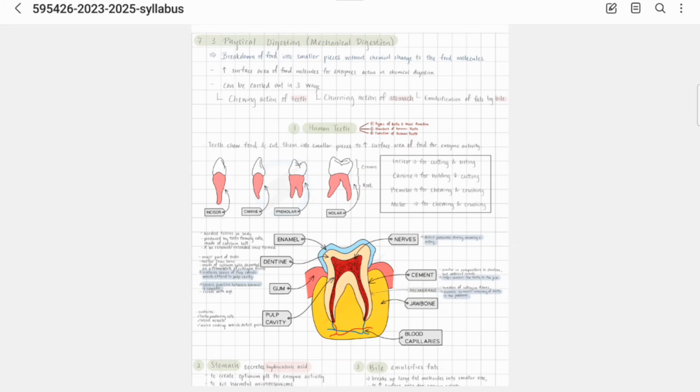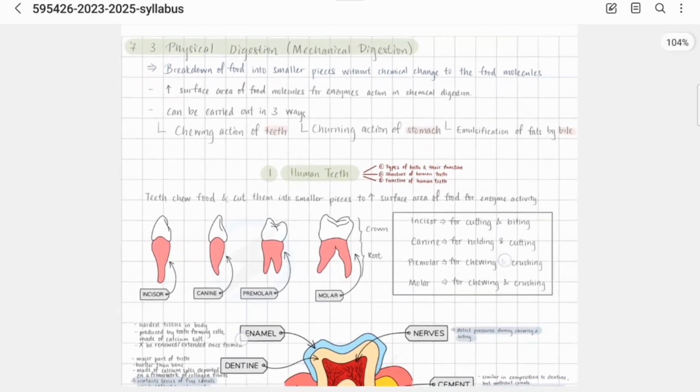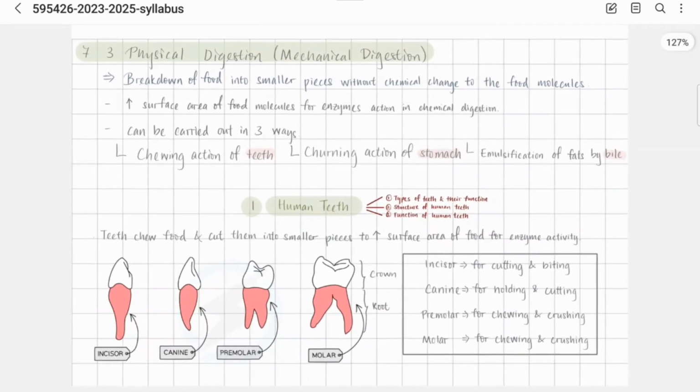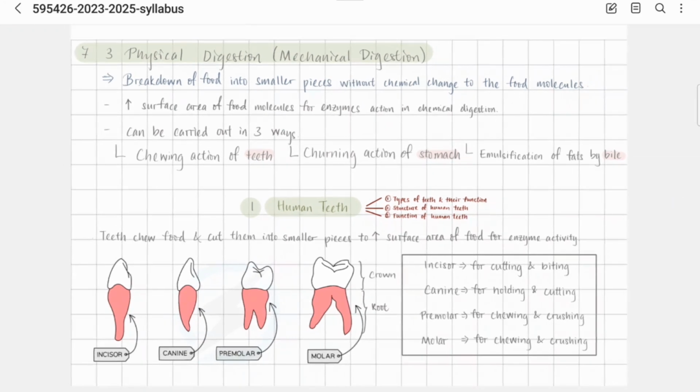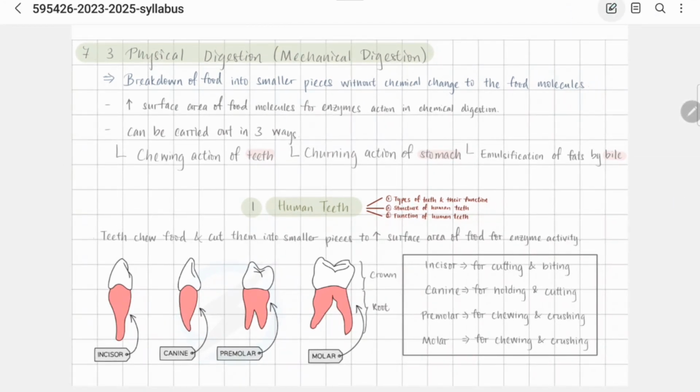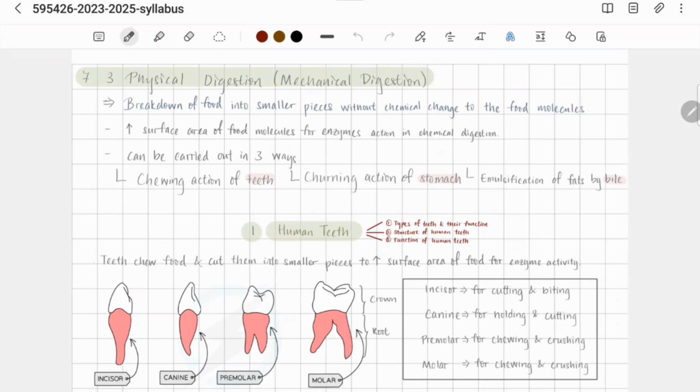So for today, we are going to brief about 7.3, physical digestion, or you can say mechanical digestion. This will be the definition: the breakdown of food into smaller pieces without chemical change to the food molecules.